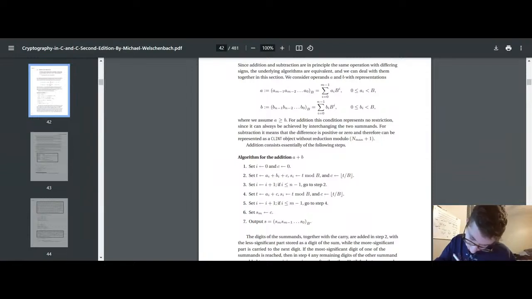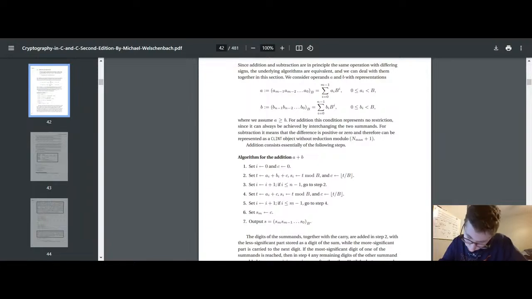S1 is equal to, what is T mod B? 6 mod 10 is equal to 6. And C is equal to 6 divided by 10, which is 0 point something, which will floor to 0. So C is back to 0. That's cool. So that's how they're calculating the carry.